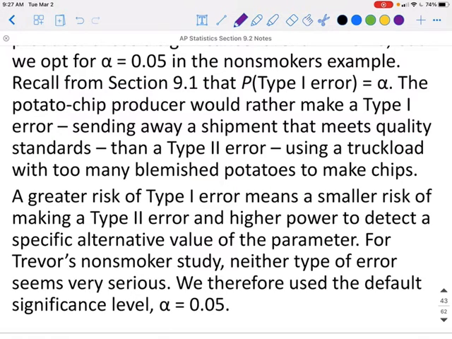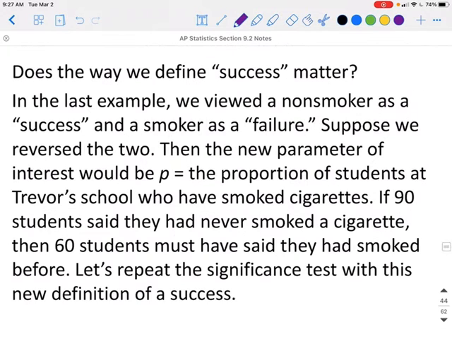A greater risk of type 1 error means a smaller risk of making a type 2 error, and higher power to detect the specific alternative value of the parameter. For Trevor's non-smoker study, neither type of error seems very serious, so we therefore use the default significance level of alpha equals 0.05.